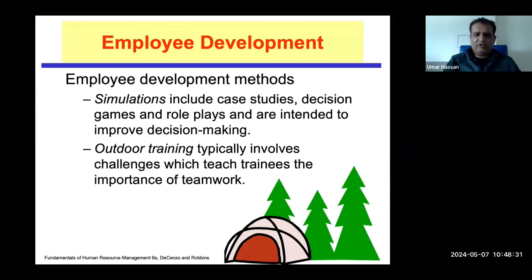I have already mentioned simulations, like the example of a pilot learning to actually fly a plane. Simulations include case studies, decision games, role plays, and other decision-making tools. In outdoor training, this is a very common and very interesting mode of learning, that is leadership camps.